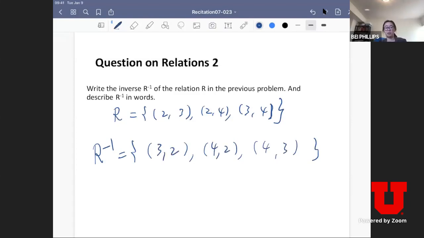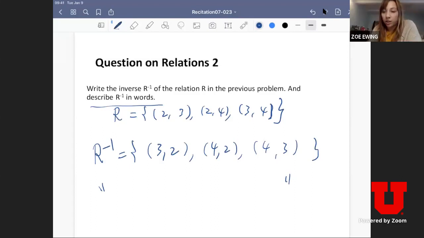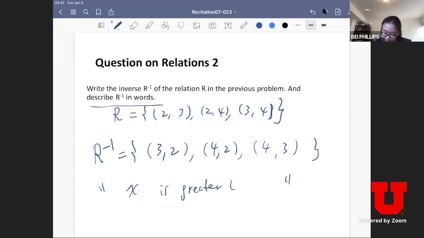Yeah, great. So we want to describe it in words. What do the words mean? What is a new relation that is describing R inverse? In the chat, Jackson said X is greater than Y. Great. And Mohammed said X and Y are swapped.